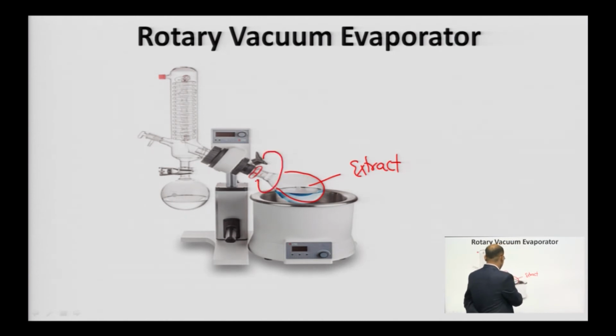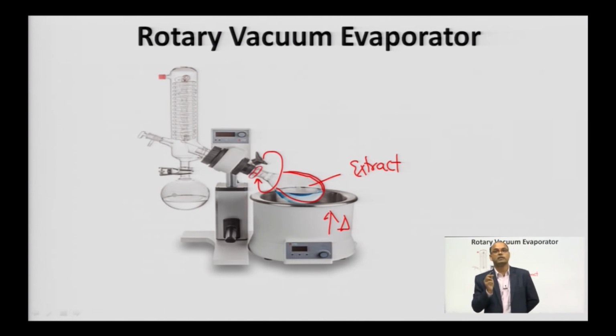This rotates. As soon as you provide heat through this water bath, the solvent molecules in this extract form a fine thin layer, and because it is rotating continuously, the molecules from that fine film of solvent get evaporated very quickly at a very low temperature.